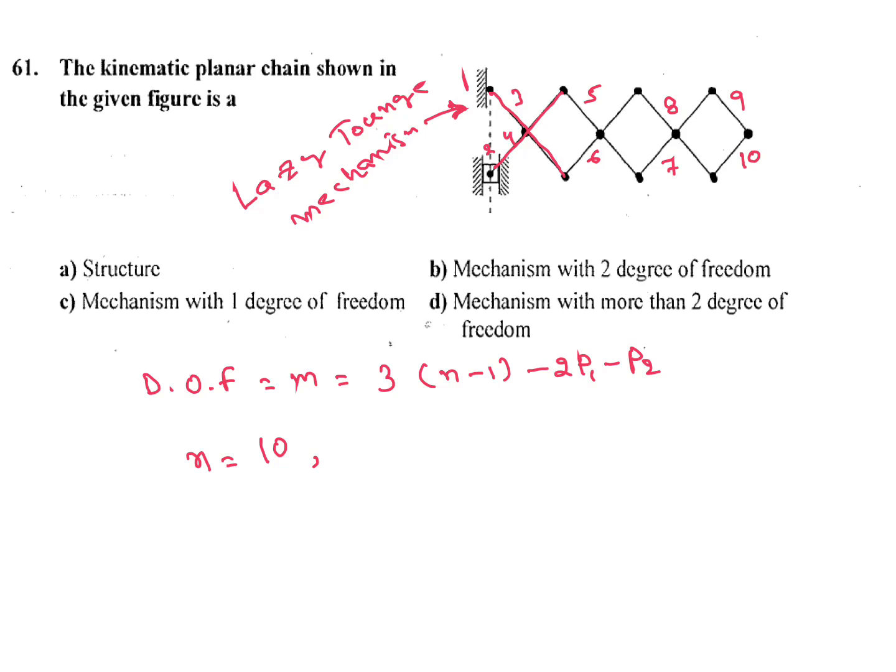Piston cylinder, one lower pair, then this joint here, piston and link 4, then here and one more here.